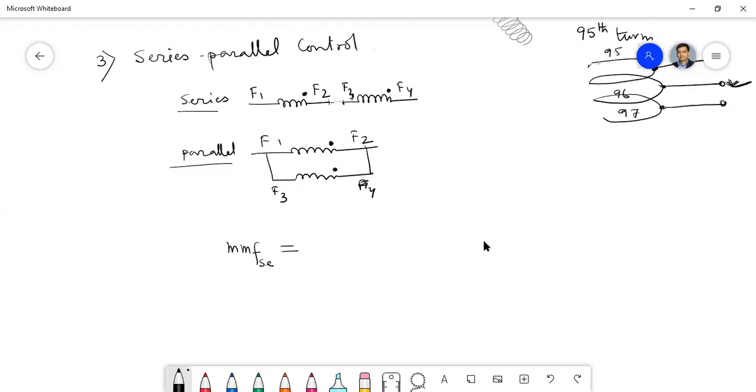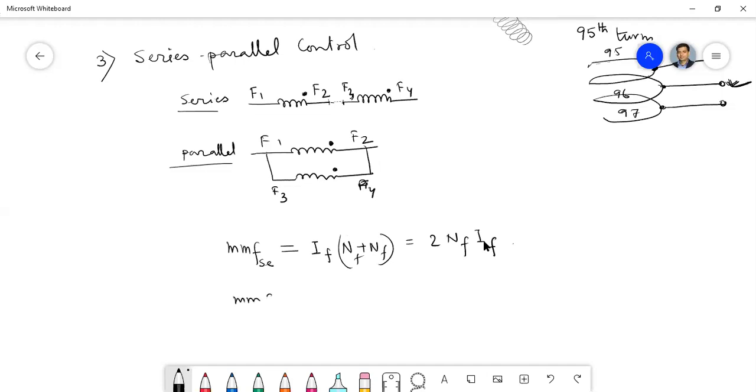The current is the same because it's a series. If the number of turns are the same, it will be N plus N, so 2 N_F. So it will be 2 N_F I_F.